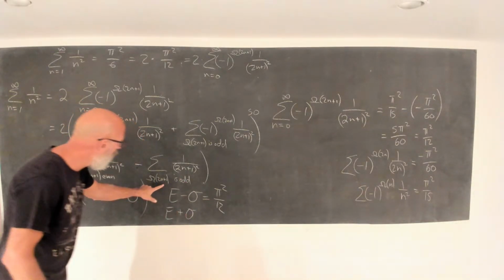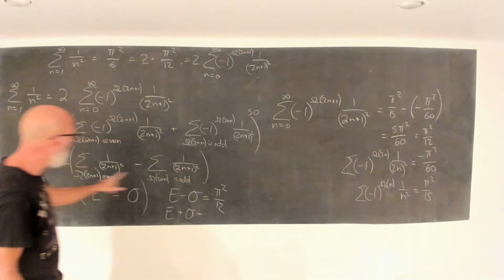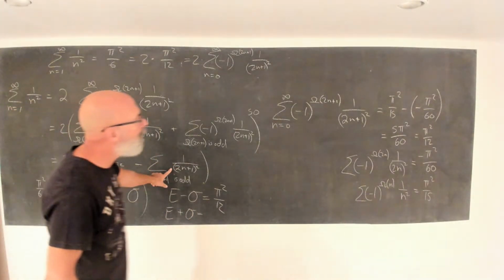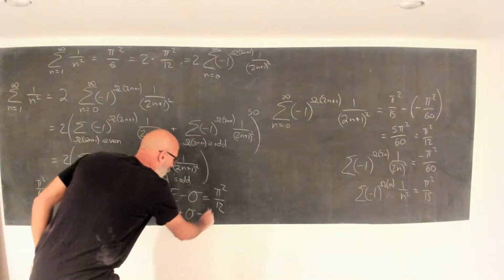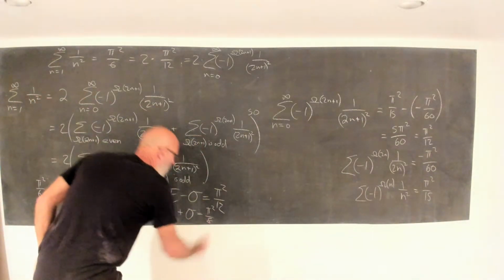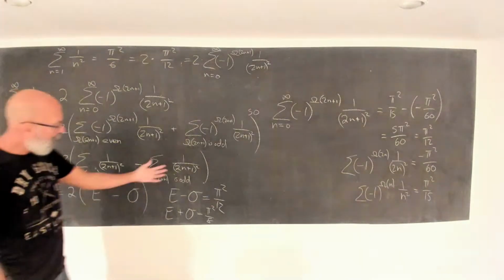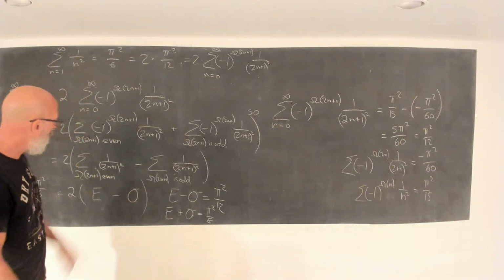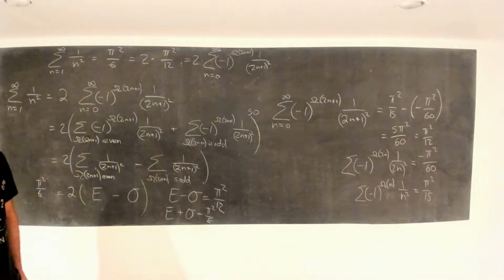So odd and even gives you everything. So this gives you the sum over the odds squared, which I've conveniently erased, but it's pi squared over 8. So now you have two equations, two unknowns, and you can actually solve for each of these.